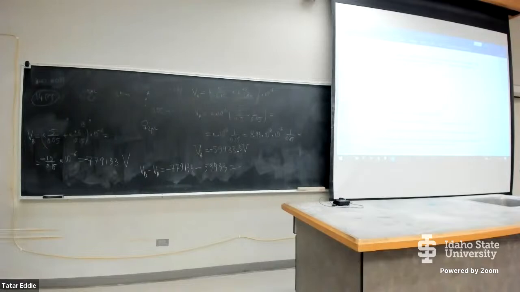And hopefully this is the answer for part B. So something like negative 840,000 or so. Negative 8.39, yeah, but negative, right? And so now we're ready to answer part C.